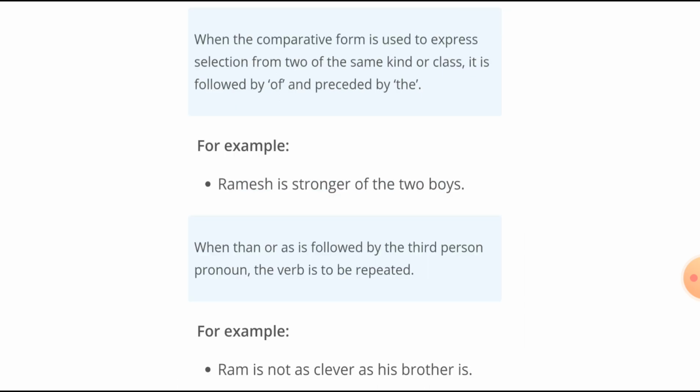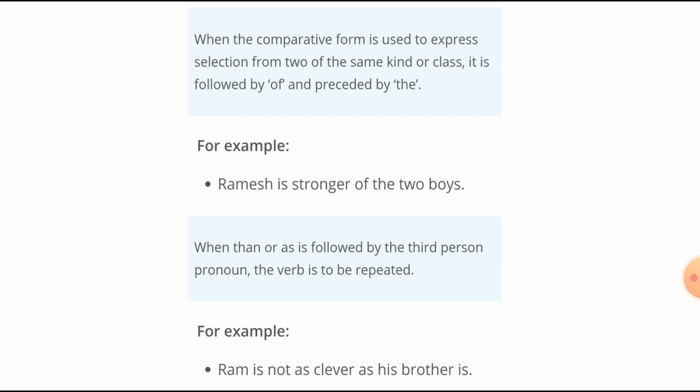When the comparative form is used to express selection from two of the same kind or class, it is followed by of and preceded by the. For example, Ramesh is the stronger of the two boys. When than or as is followed by the third person pronoun, the verb is to be repeated.